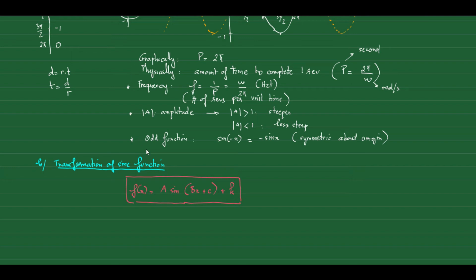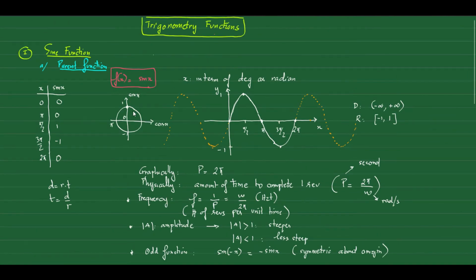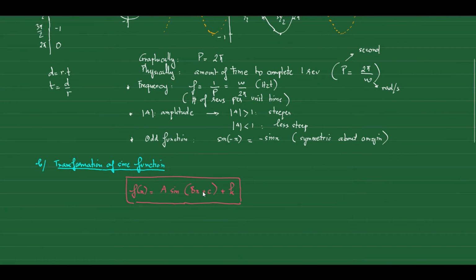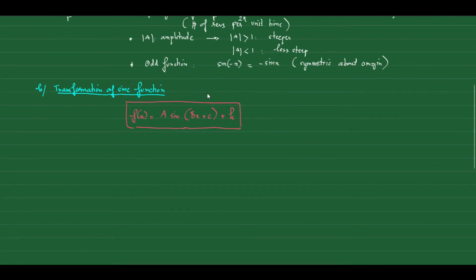So what is going to be the period when you have a function like that? For the parent function, the b value in front of the x is 1. But now we have the b value, so the period will be different. The period can be calculated by this formula: 2 pi over b.